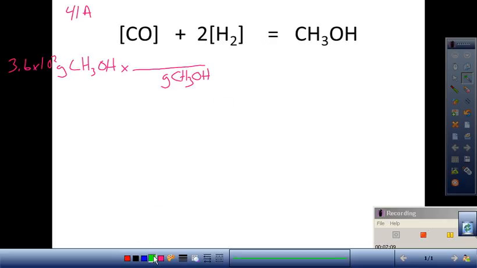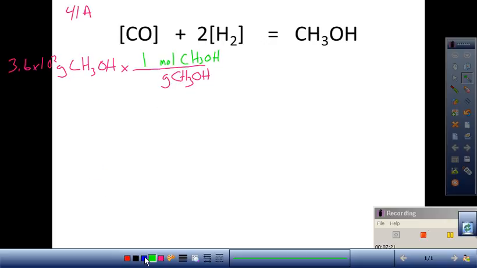Now I can only change grams to one thing and one thing only, and that is moles of the same thing. Okay? Grams to moles of the same substance.